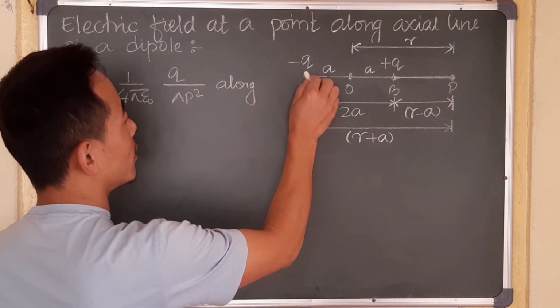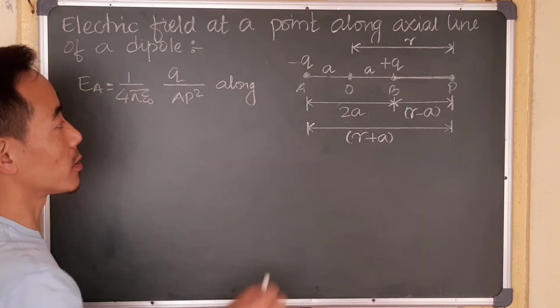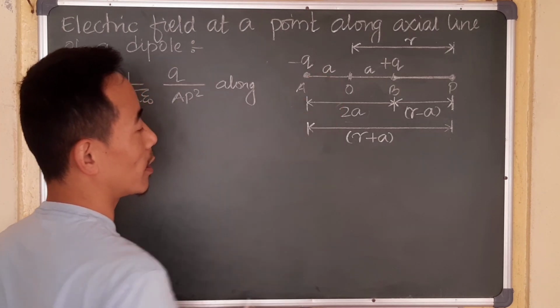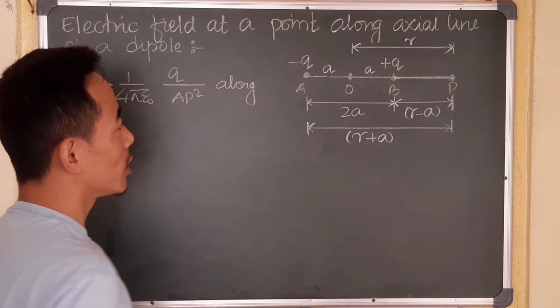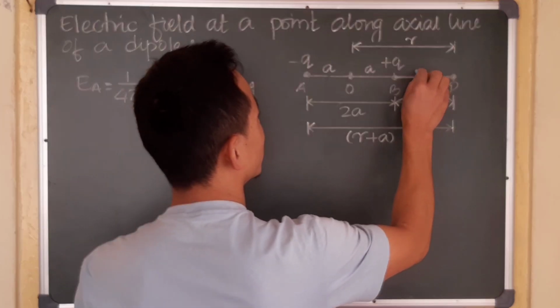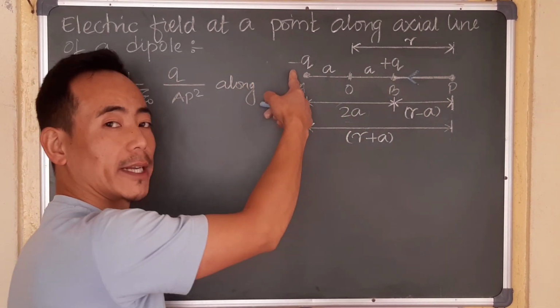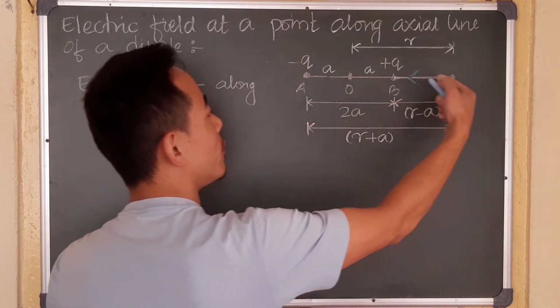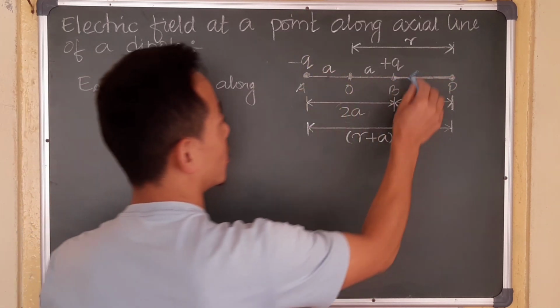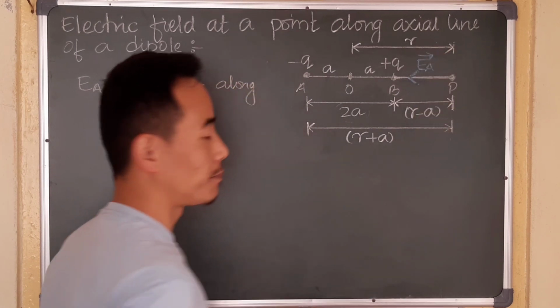For a negative charge, the direction of the electric field line is always towards the charge. Since we have a minus q charge at point A, the electric field at P due to this charge will be directed towards the charge. This is the direction of electric field EA.